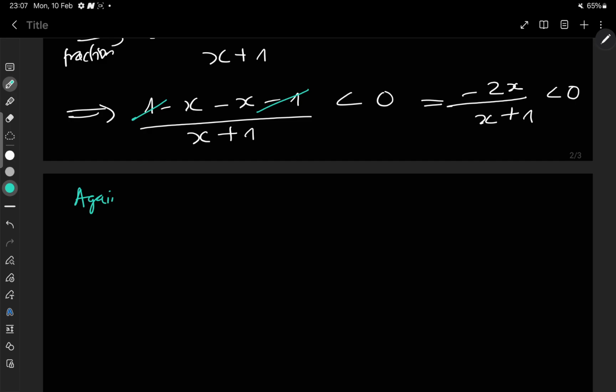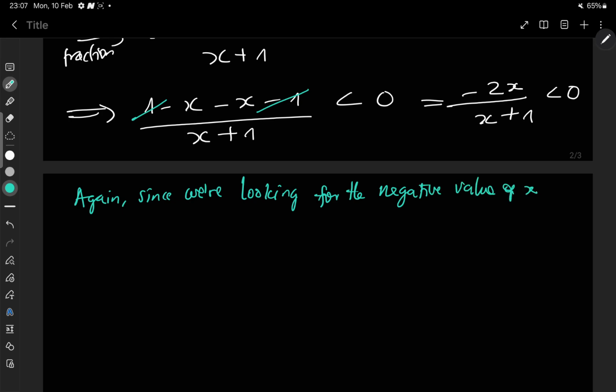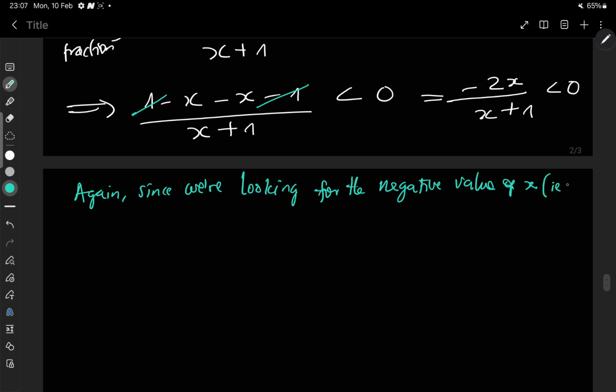Again, since we are looking for the negative value, that is less than 0 now, minus 2x greater than 0, that is x less than 0.